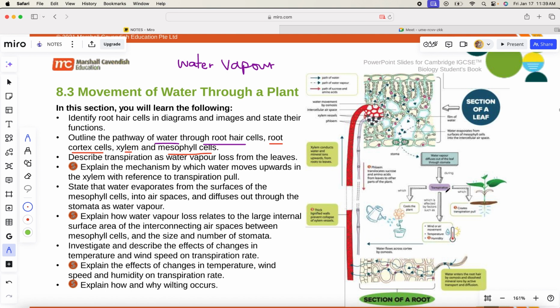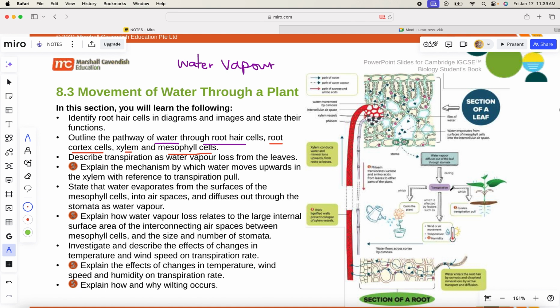So we must be able to define transpiration as a process whereby water absorbed from the root cells is transported through the xylem vessels, gets to the leaf, becomes water vapor, and escapes through the stomata.